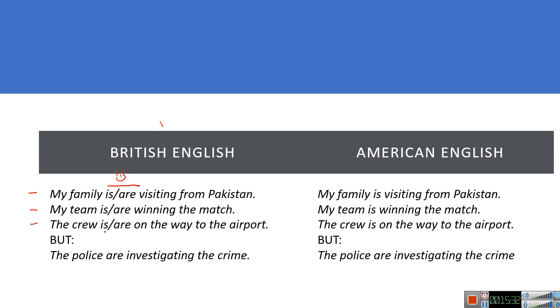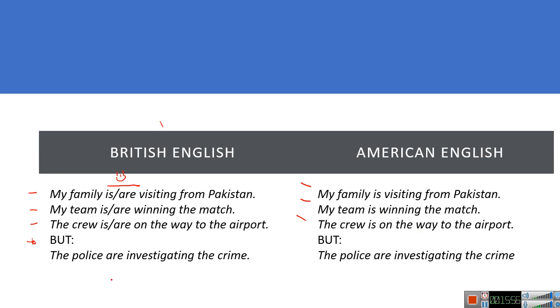The crew is on the way to the airport. We can also say the crew are on the way to the airport. Now let's look at the American. We can say my family is visiting from Pakistan. My team is winning the match. The crew is on the way to the airport.